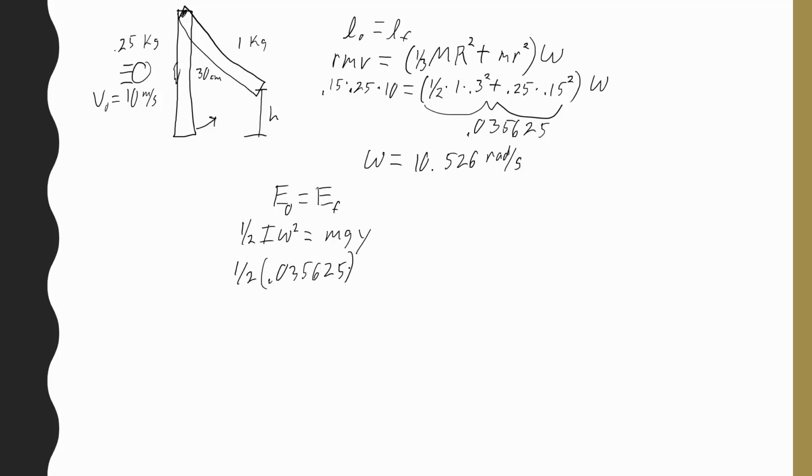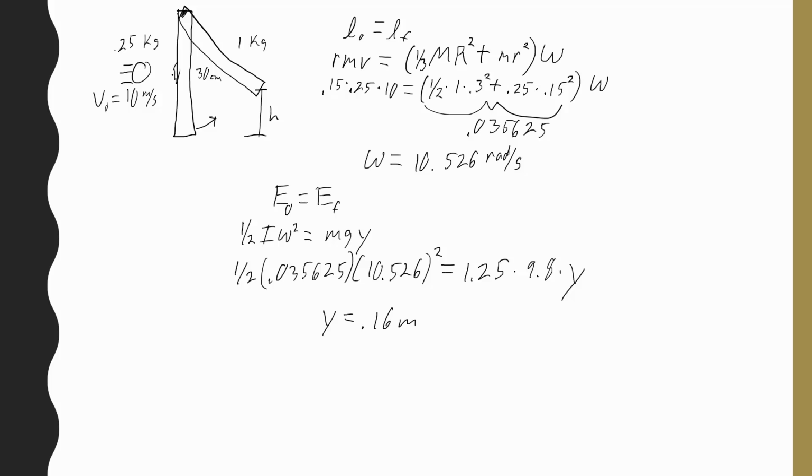And then omega we've got here, 10.526, that gets squared. This mass here is the total mass, so that is going to be 1.25 times 9.8 times the height. And so we go ahead and solve this equation, and we get a height of 0.16 meters.